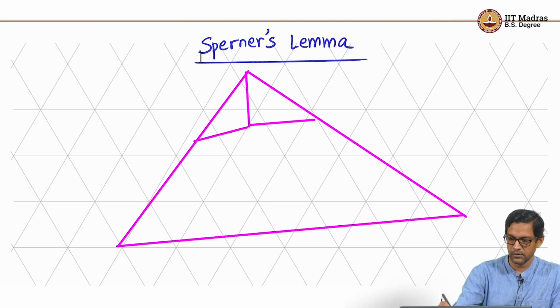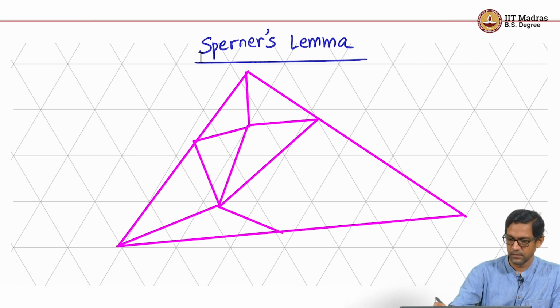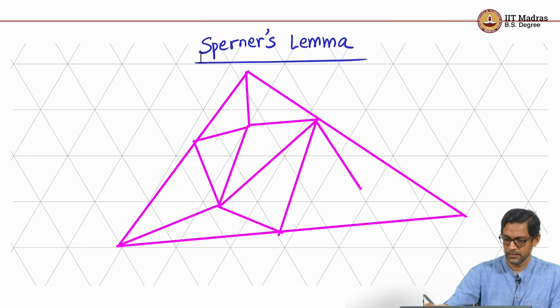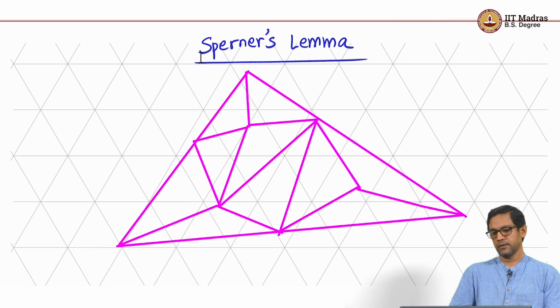So I could, instead of dividing them into many small triangles in the equilateral manner, consider something like this. Okay, so here's a subdivision.